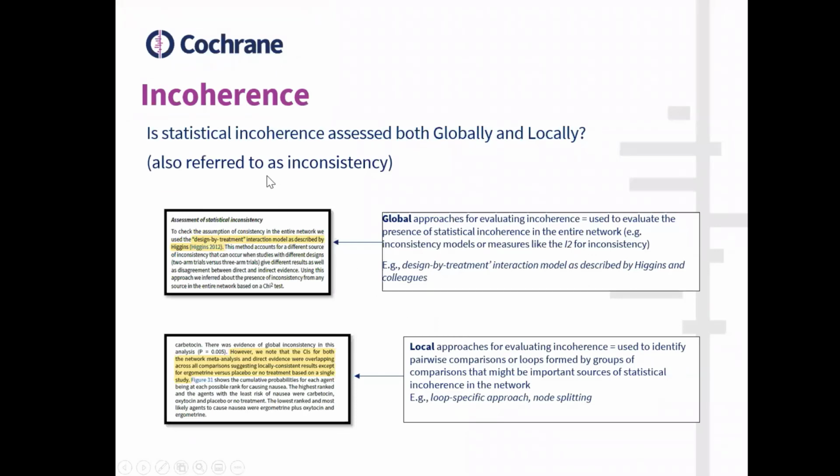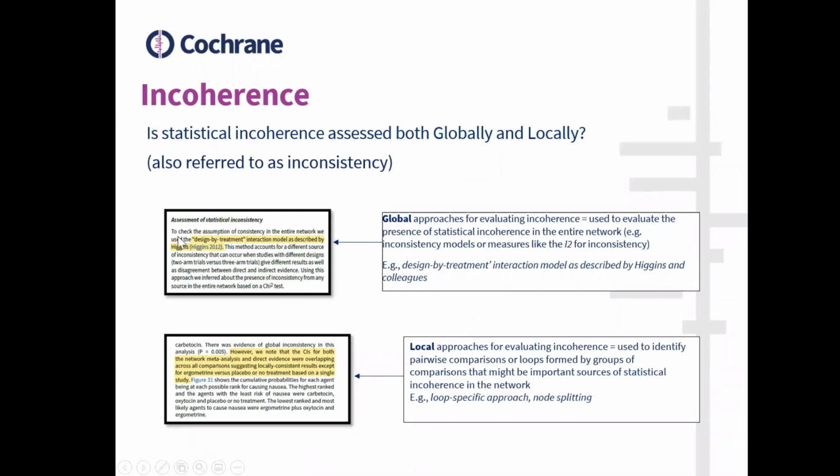Incoherence. So yeah, this is what you were just talking about, Kathy. So looking at whether the direct and indirect evidence agrees with each other. So it's good to think about this within the assessment, when you're talking about heterogeneity as well.